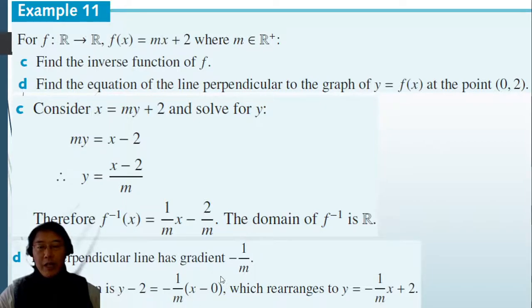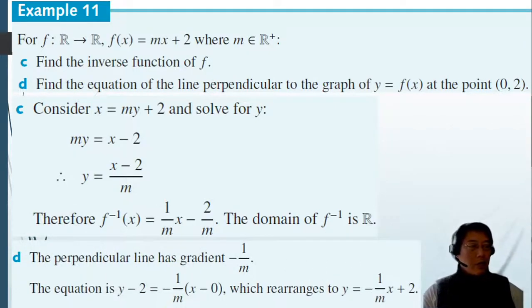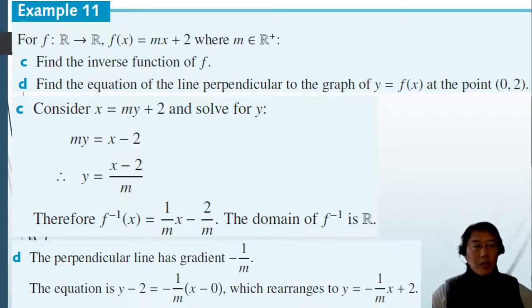We rewrite the equation with the gradient and the coordinates of the point that belongs to that perpendicular line, and we rearrange to make y the subject, and this is the new equation. That's example 11. Anyway, you have this example in your book.